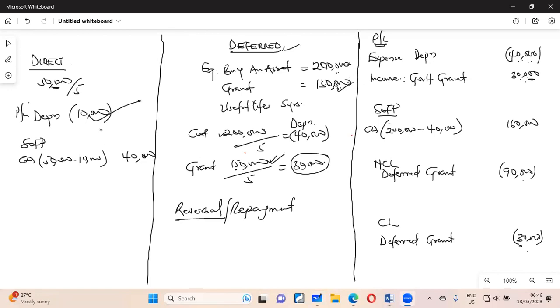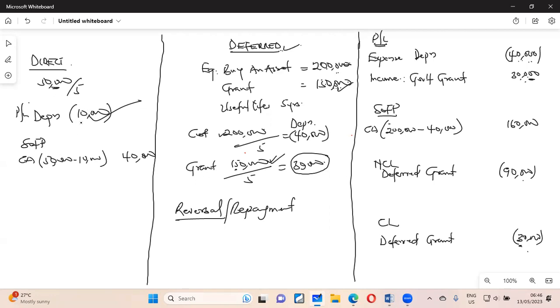So if it was this method that you applied and you are going to repay or reverse the grant, you see that with this thing that you did, you only treated 50,000 in your assets. And therefore, this is how your depreciation was done.